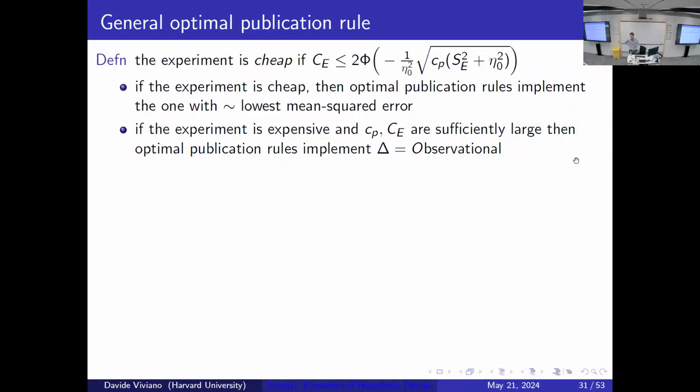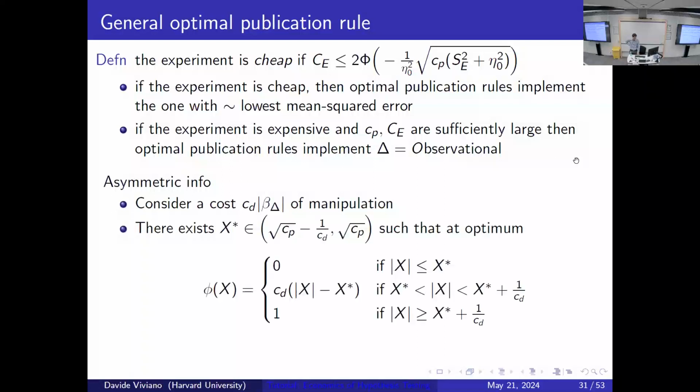Just for simplicity, assume that neither has any bias, but one of the two has a larger cost. Then the comparison is going to be about the variance between the two. The main point is that this comparison needs to take into account not only the variance of the two, but also the cost of the experiment. So they have different fixed costs. Yes. And different variances. Exactly. Yeah, so it's super simple. Okay.